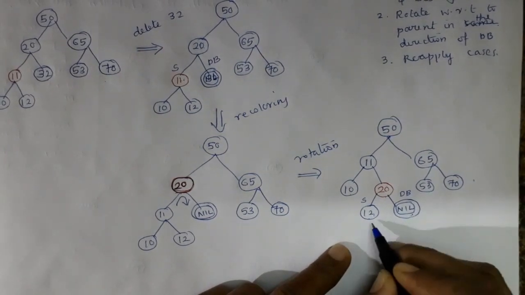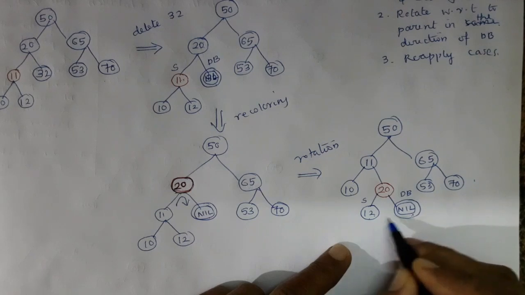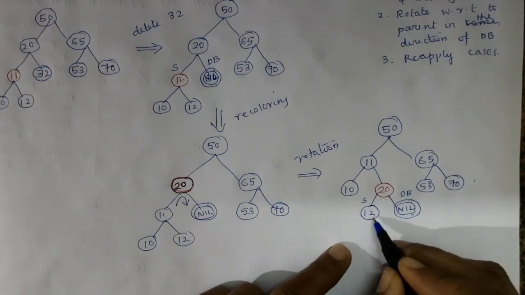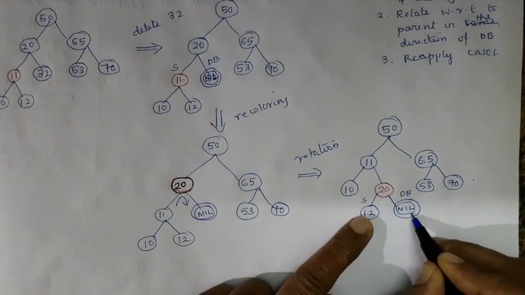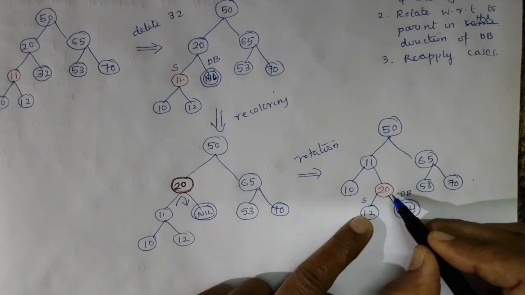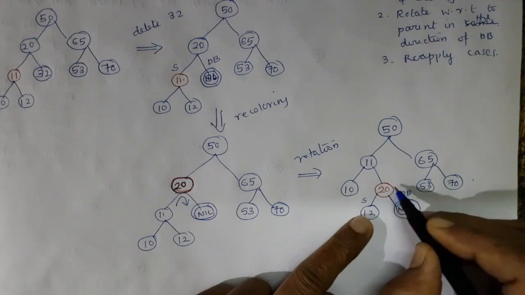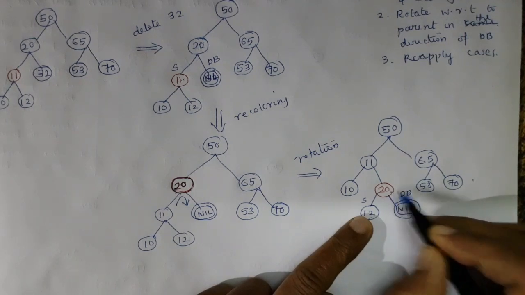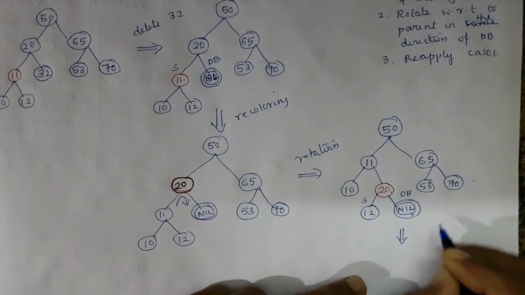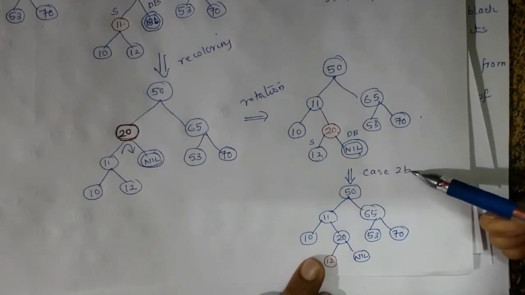In this case, we remove one black from both S and DB. So here it becomes red and this becomes single black. Then add black to the parent. So the parent becomes black. So that means this goes to case 2b.